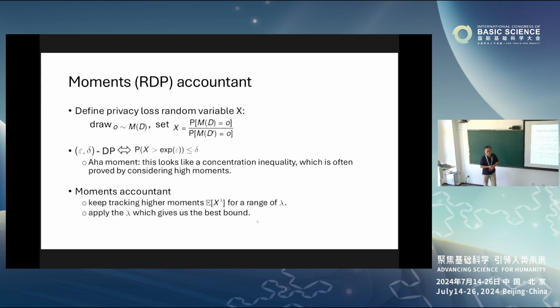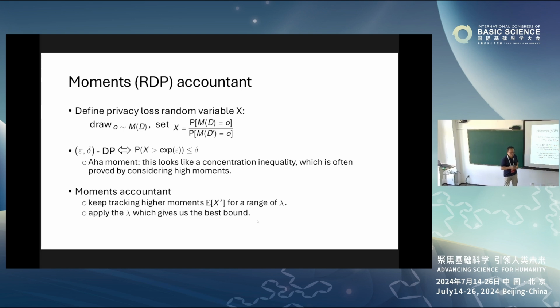So here, this is when this alternative view of epsilon-delta privacy is useful. We can define something called a privacy loss random variable. You can just define the ratio as your privacy loss.